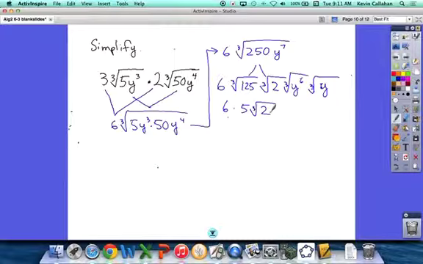The third root of y to the 6th? 6 divided by 3 makes 2. Okay, and the third root of y. Now you put together everything which is outside the radical. 6 times 5 is 30, so 30y squared. Put together everything that's inside the radical, the third root of 2y.